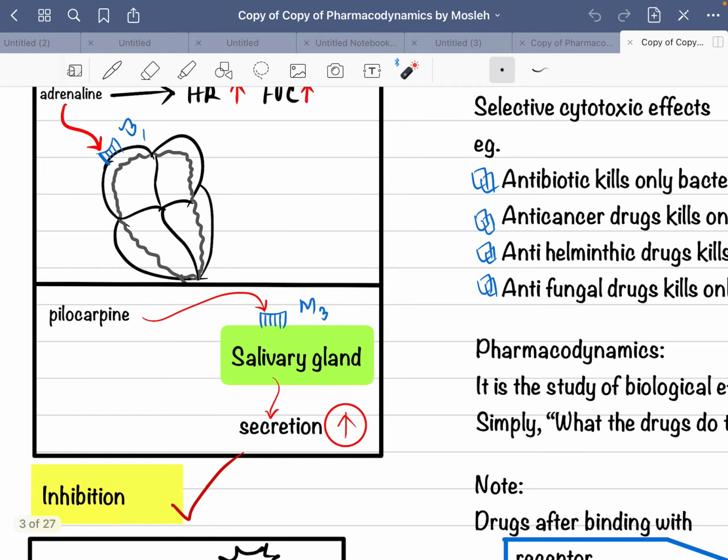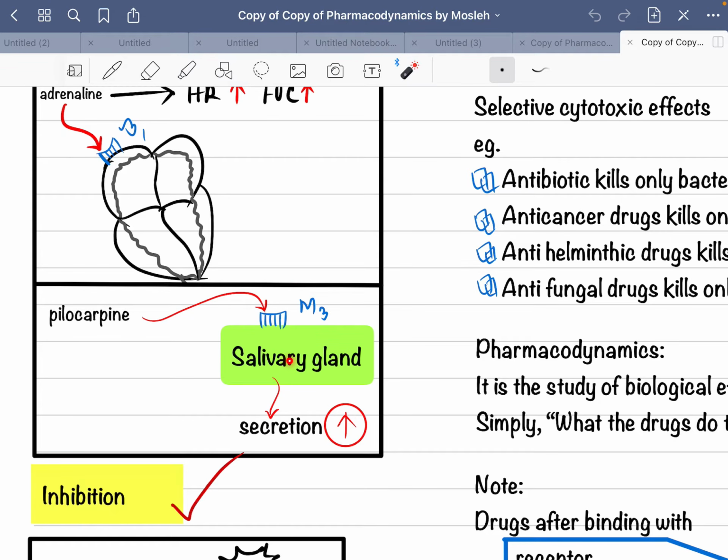Look at another example. If we give pilocarpine, pilocarpine will act on the muscarinic 3 receptor of the salivary gland. I will discuss everything in detail inshallah in the next tutorials. At first you have to know that the muscarinic 3 receptor is a Gq coupled protein.